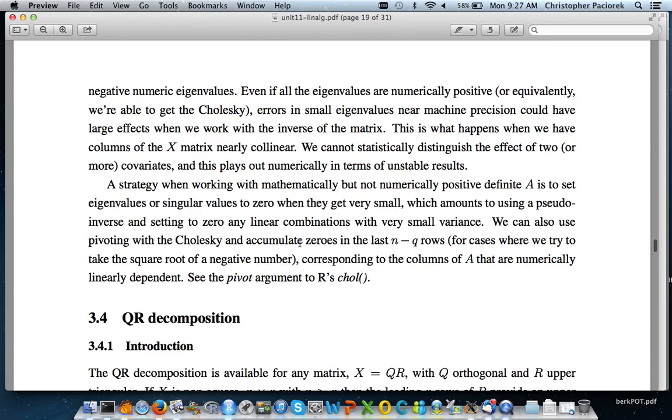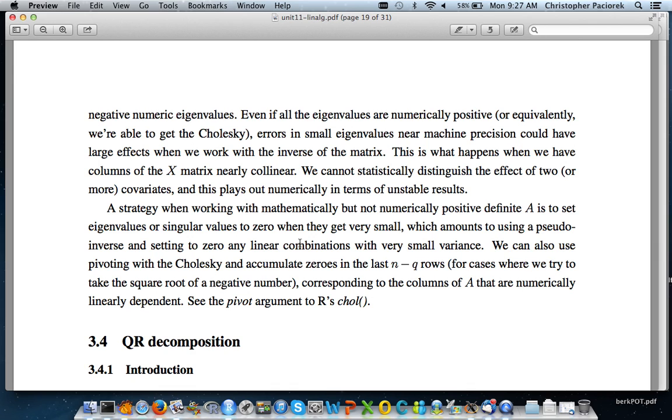Be that as it may, the basic story when we do the Cholesky decomposition with pivoting is as follows.